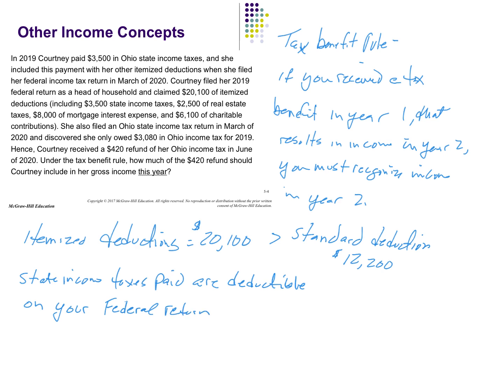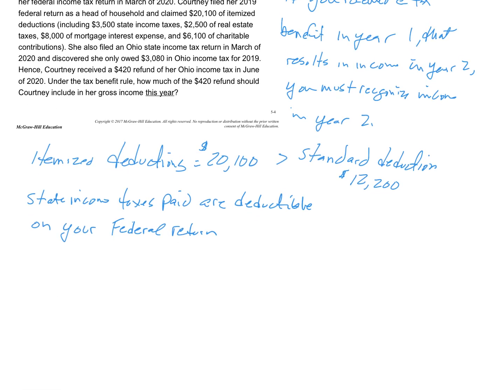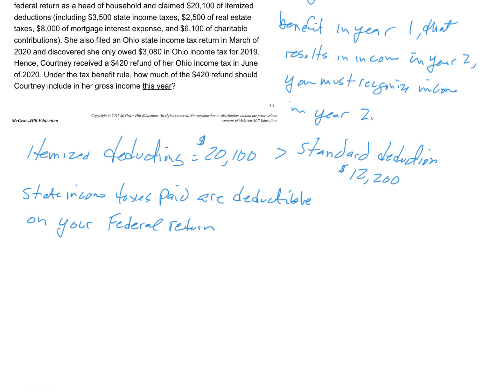Okay, so remember that within those $20,100 of itemized deductions, she had paid and deducted.